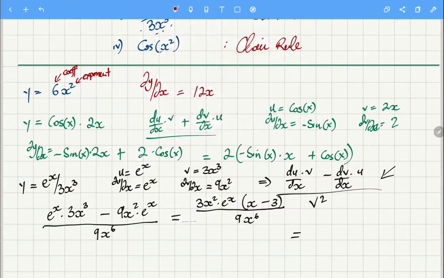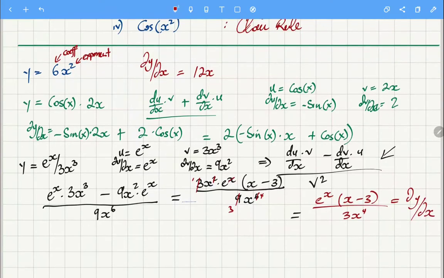So that'll be 1, that'll be 3, and x squared, so using your laws of indices, the final answer will be e to the x times x minus 3 over 3x to the power 4. So that's the final answer, dy over dx. That's using the quotient rule.